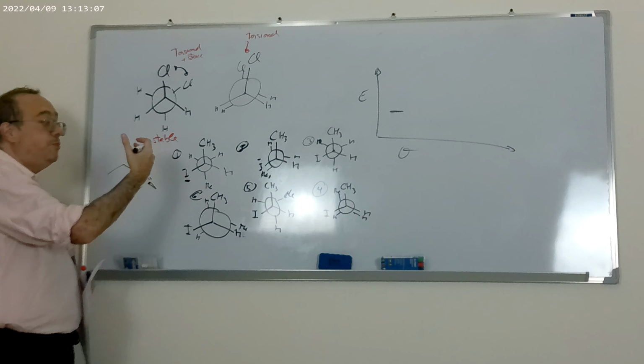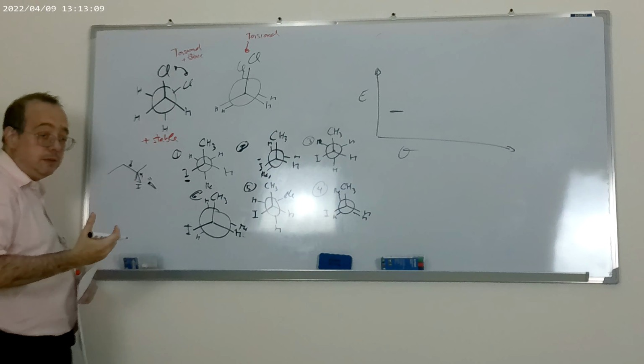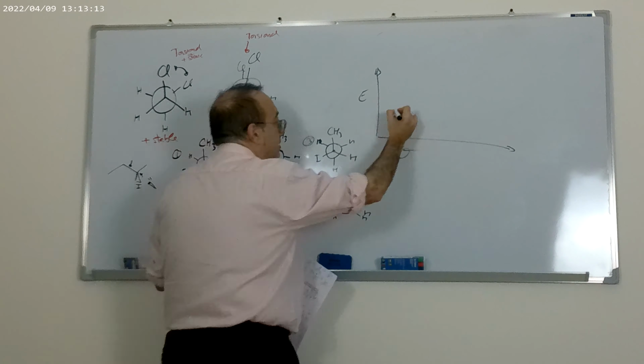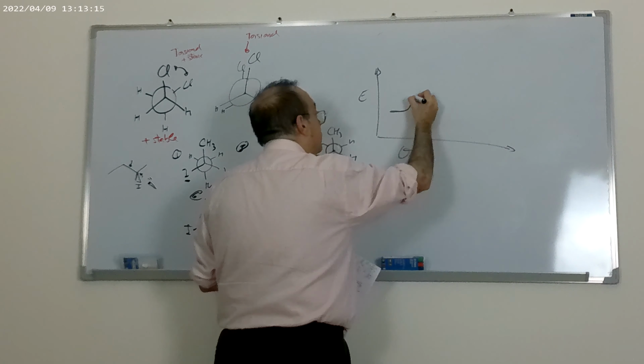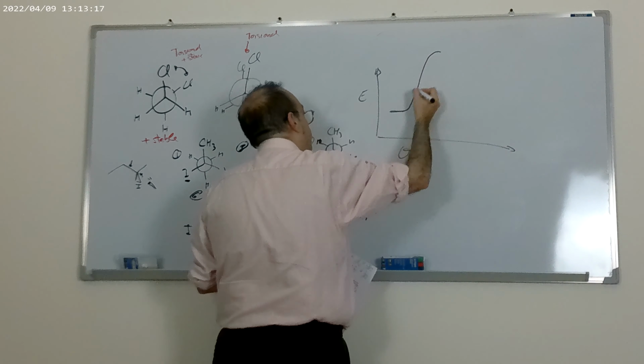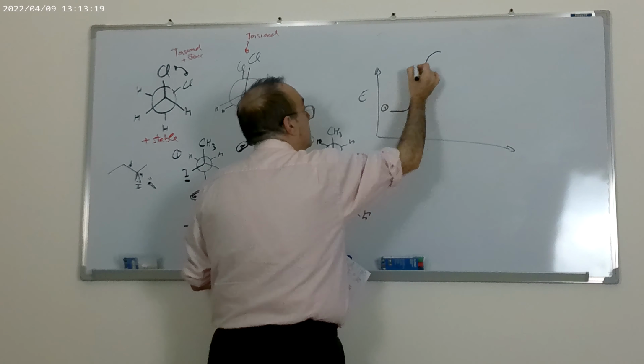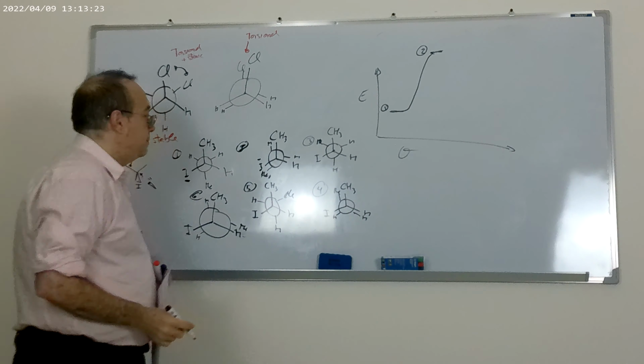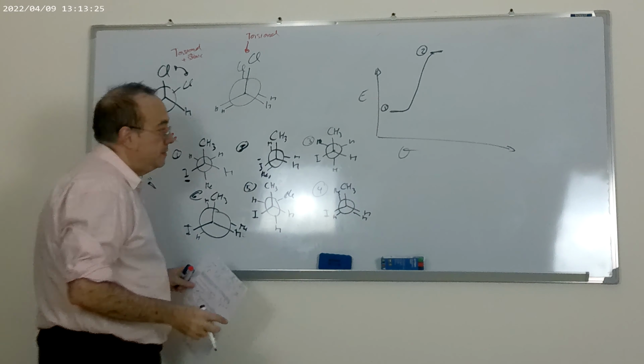This means that this will be the higher energy eclipsed conformer. I put it here. This is 1, this is 2. Okay? Then we go for 3.